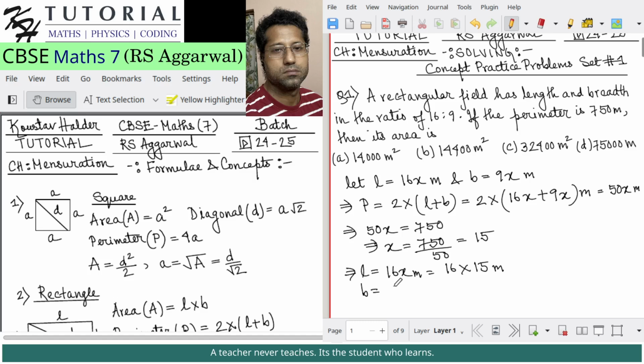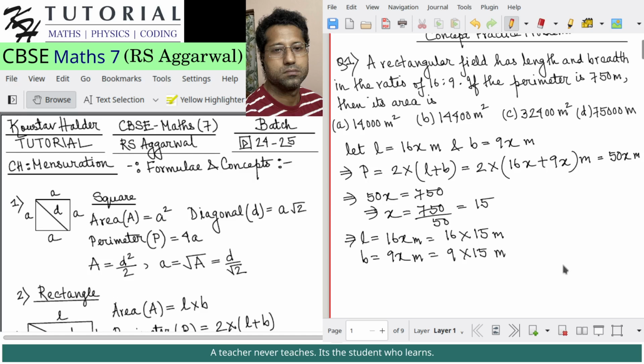Breadth is 9x meter, which is equal to 9 multiplied by 15 meter. I am not calculating 16 multiplied by 15 and 9 multiplied by 15. I am leaving it as it is, so that it might help in calculating the area. Okay, so the problem is asking to find the area of the rectangular field.